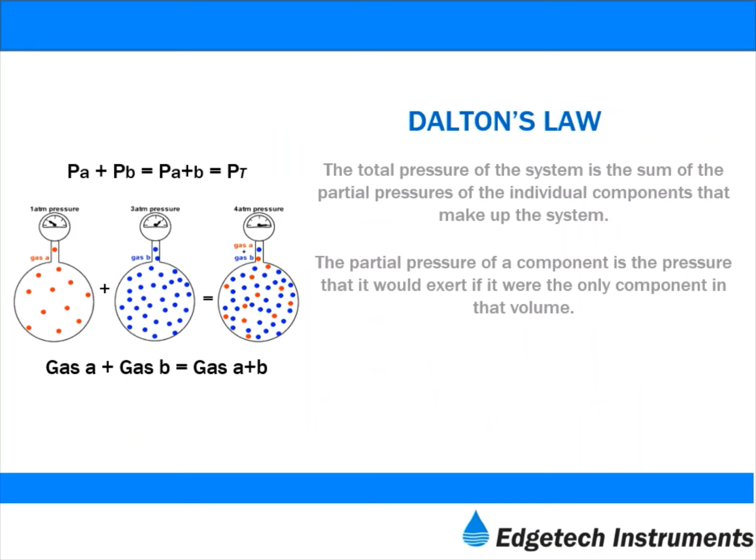Another important law is called Dalton's law. Dalton's law is really simple. It basically says that if you have a gas mixture in a system or in a chamber, and you're able to measure the pressure that each type of molecule exerts. For example, we already talked about water vapor pressure being the pressure that just the water molecules exert.